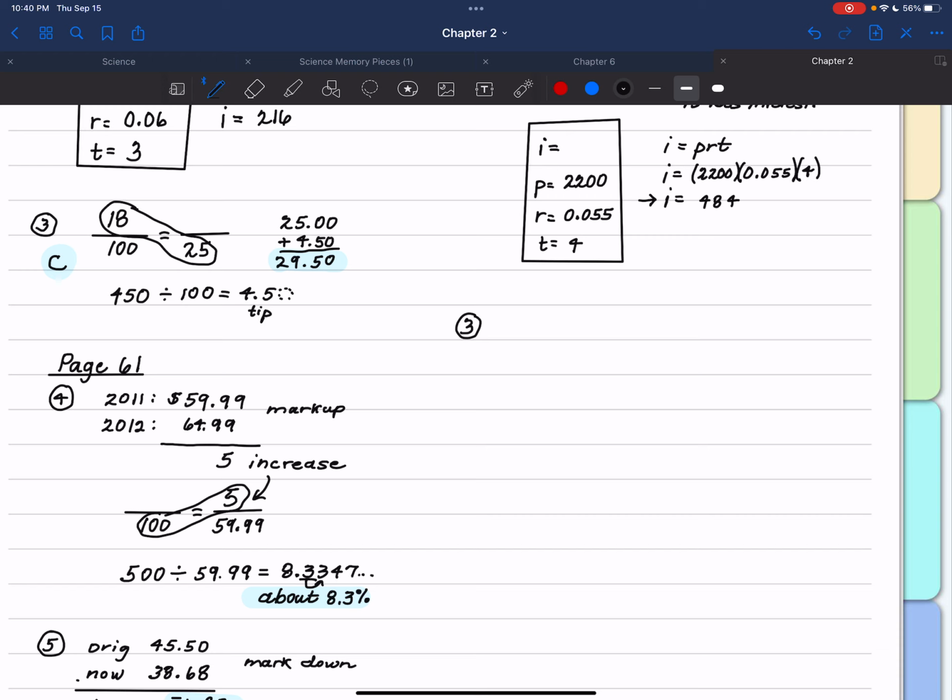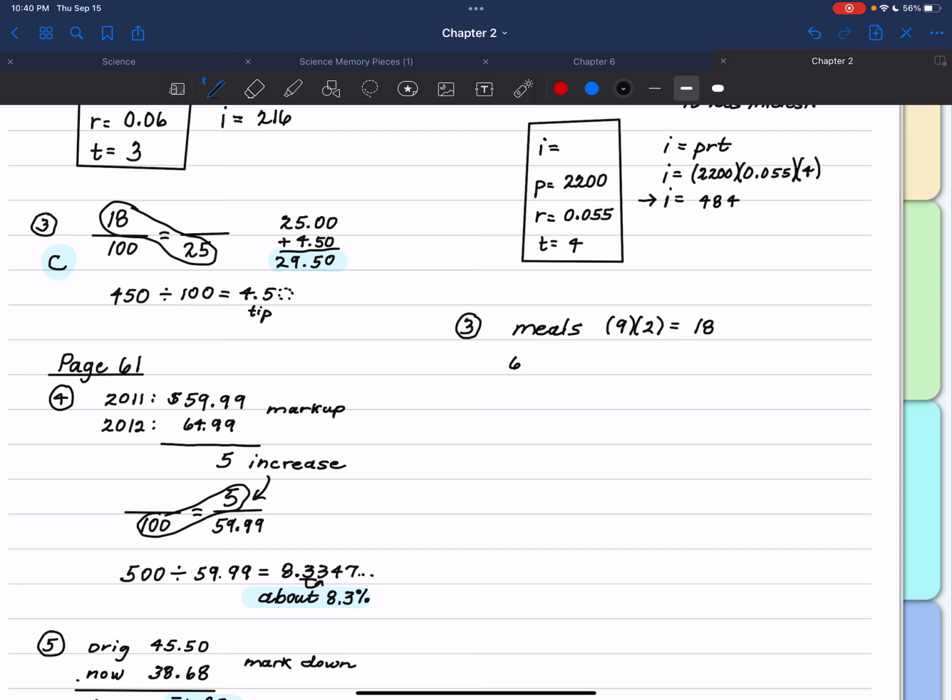How much money will the 2 friends spend in all? Well, we know that they have to pay for their food, and each of them had a $9 meal, so I'm going to say 9 times 2, that's $18 for the meals.